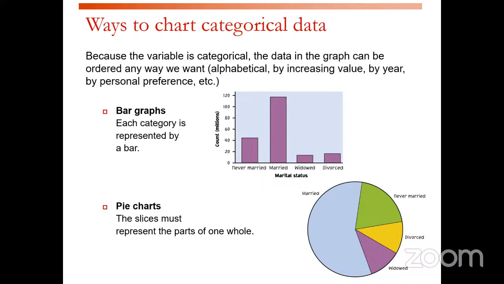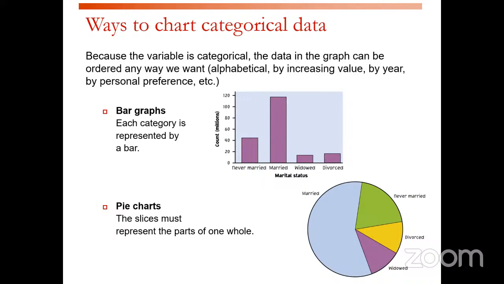The problem with the pie chart is quite regular: you will not be able to differentiate if two sections are almost similar. For example, if you see the widowed one and the divorced one in the pie chart, they differ only slightly from each other.